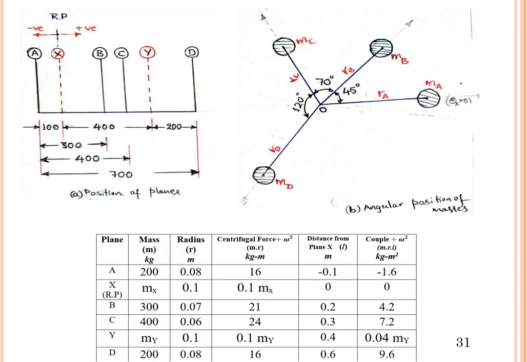Centrifugal force and couple values are required. In the tabular column, 0.1 of mx and 0.1 of my are two unknowns. In the couple, 0.04 of my is only one unknown. So based on these values, you are supposed to construct the force polygon and the couple polygon. So this is the initial diagram that is supposed to be constructed.